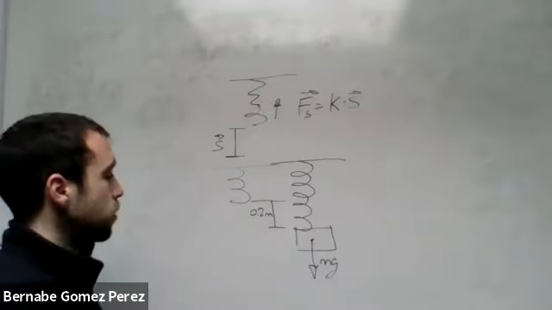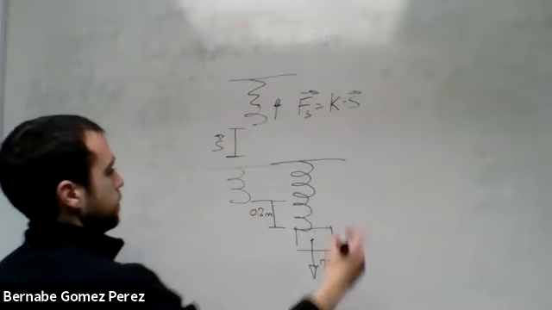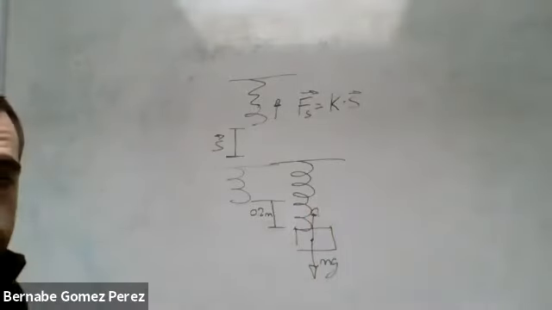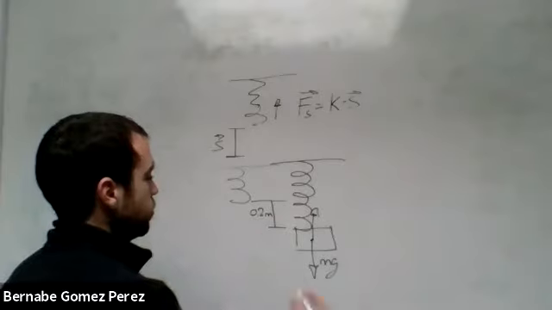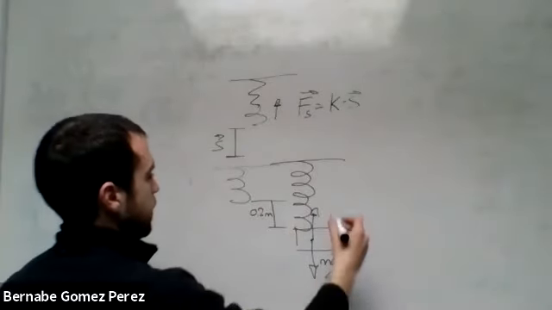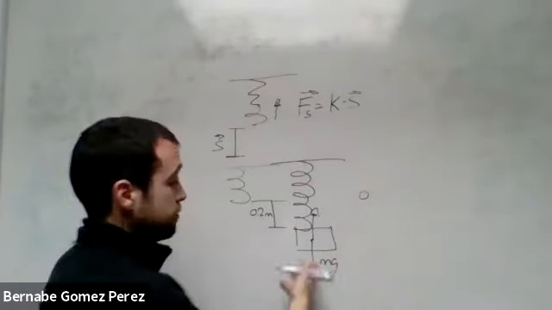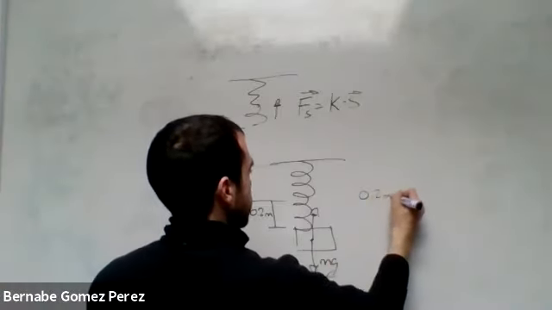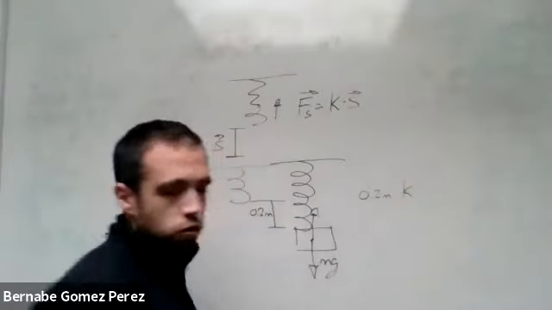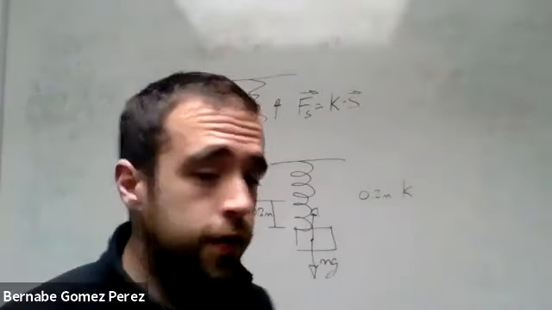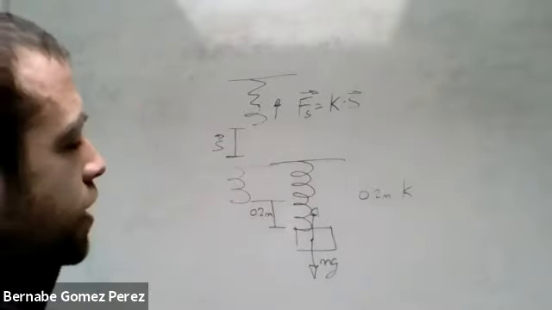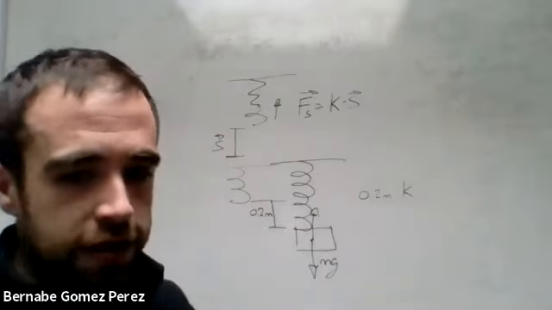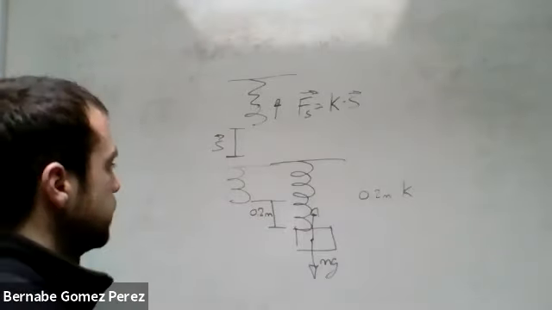So the force that I have upwards is going to be equal to this distance, 0.2 meters, multiplied by some k, which is a constant that depends on the spring, okay? Normally either you have to calculate k and they give you all the rest, or you have to obtain the rest and they give you k, okay?